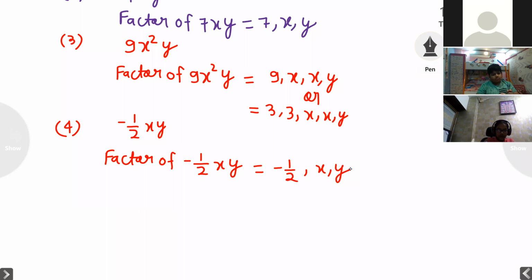Next concept, keep heading: coefficient.